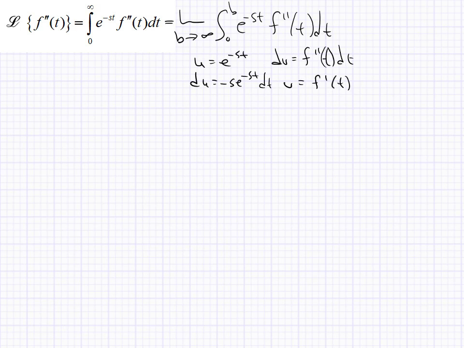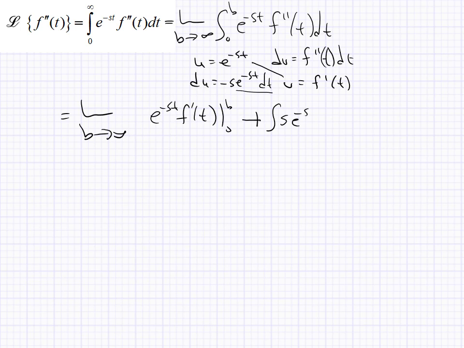Okay, the integral of f double prime is f prime. So we would get the limit as b goes to infinity of u times v, so that'll be e to the negative st times f prime of t between 0 and b, minus the integral of v du, so that becomes plus the integral of s e to the negative st f prime of t dt. Remember, this is going from 0 to b, but b is really going to infinity.